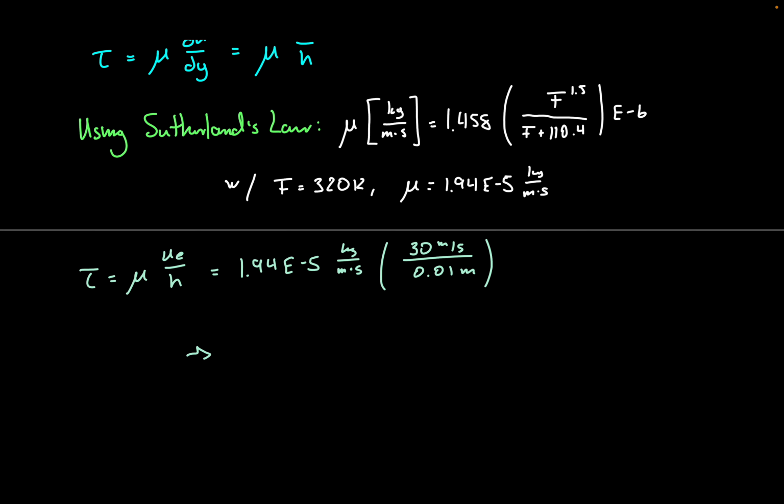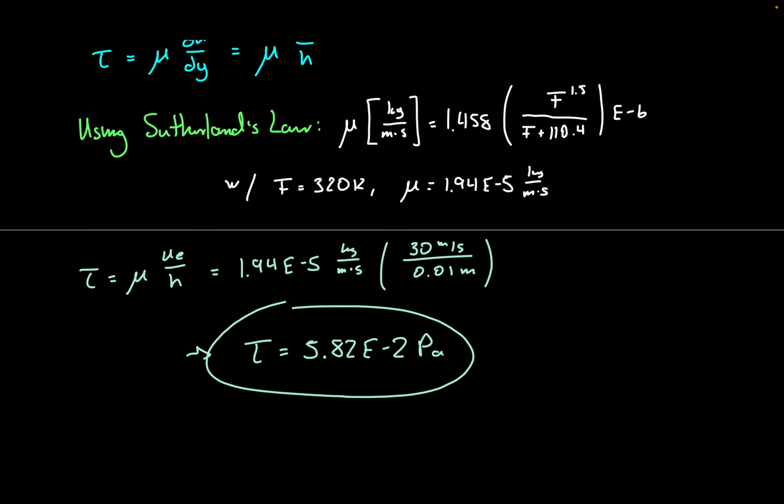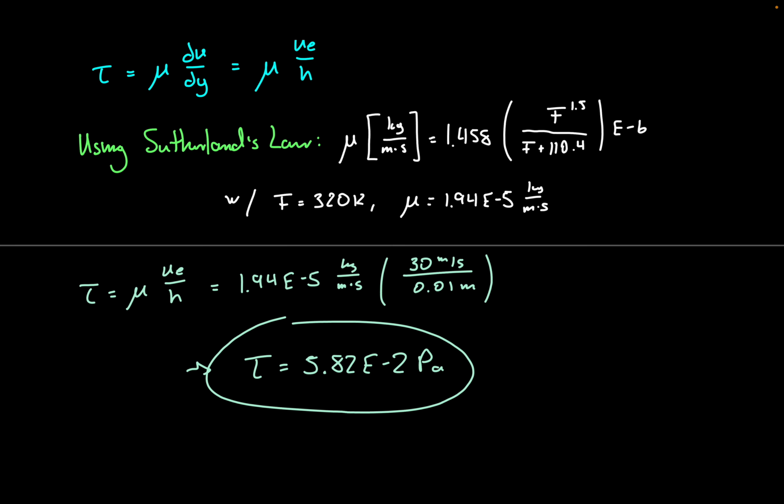So in the end, we get a shear stress of approximately 5.82 times 10 to the negative 2 pascals. And then what's actually interesting is we're going to have the same shear stress on the top and the bottom because tau is actually constant here. So we'll get the same for top and bottom wall.